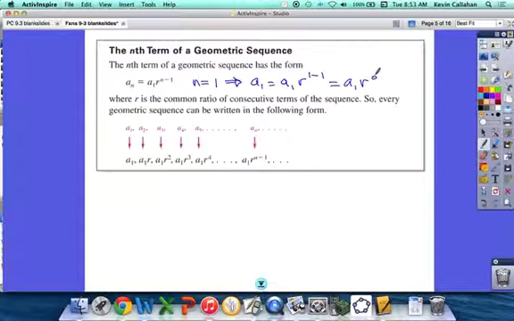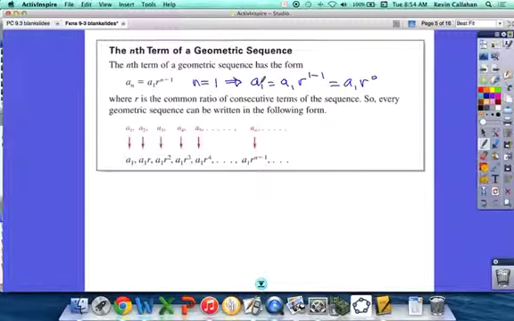And what is anything to the 0 power? 1. So basically A1 equals A1, which is better. But that's why the exponent here has to be n minus 1. It's not just n, it's n minus 1. And that makes whatever is in front of the R the first term.